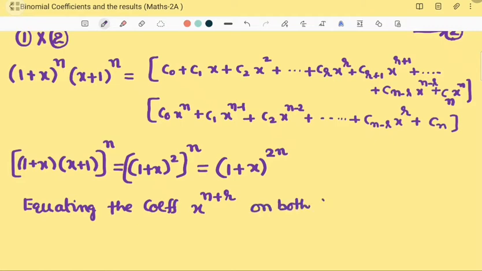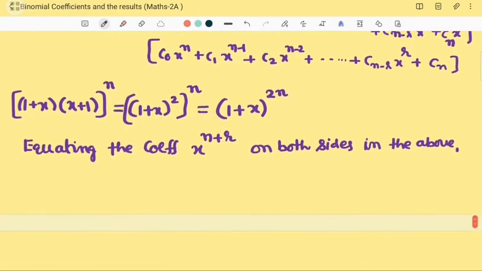On both sides means LHS and RHS. In the above, we get, see first in (1 plus x) whole power 2n, x power n plus r, that means a general term.